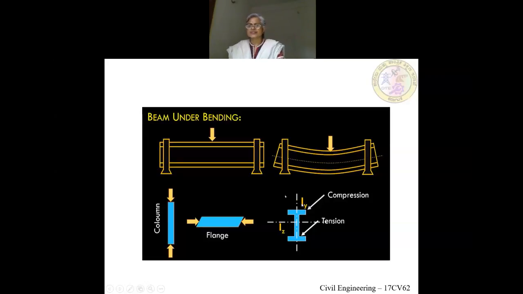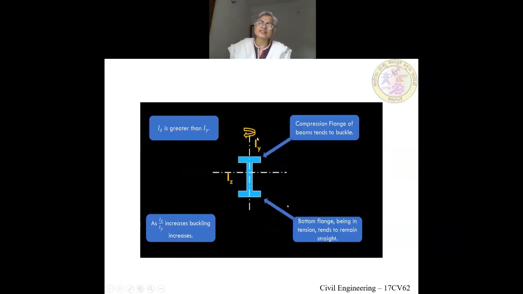So if we go to the next slide. In case the beam is deeper, the moment of inertia in the Y direction is more compared to the moment of inertia in the Z direction, there will be twisting around the Y direction. This will not happen normally because Iz is greater than Iy.